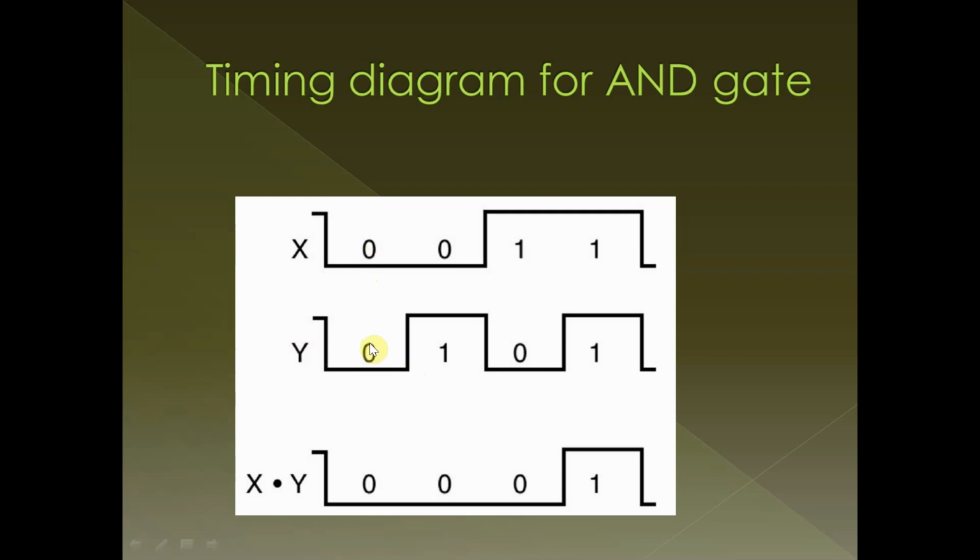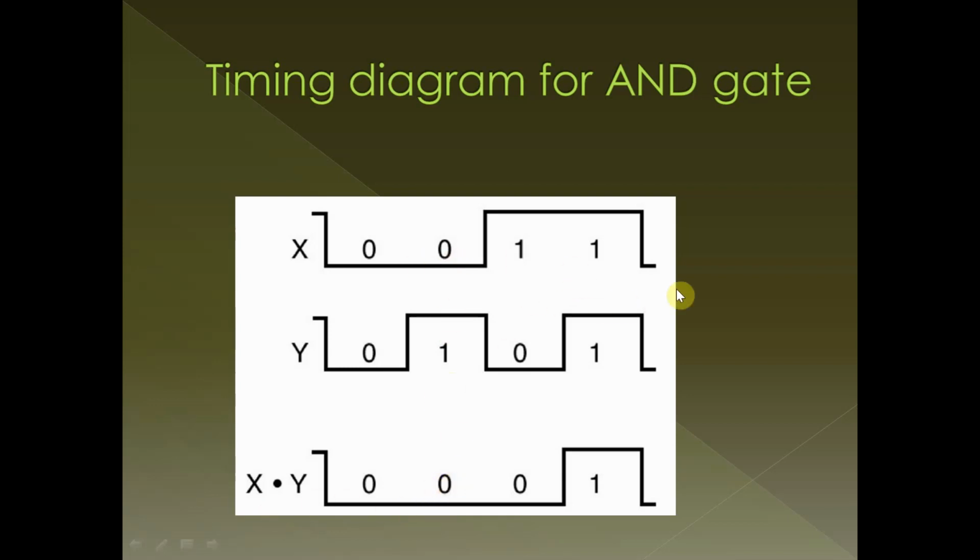So 0 multiplied by 0, we again get 0, that is the low signal. In the second time instance T2, we supply 0 for X, 1 for Y, that is a high input terminal. So X into Y, that is 0 into 1, again we get a low terminal.